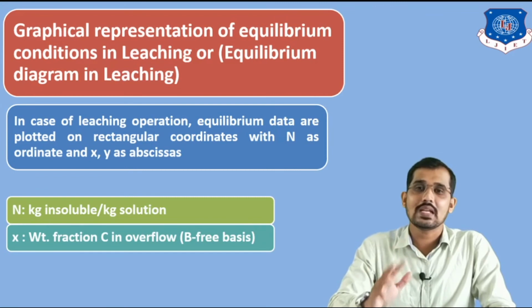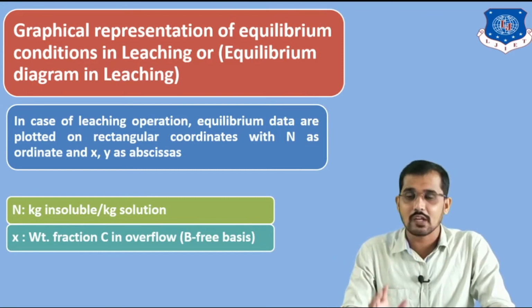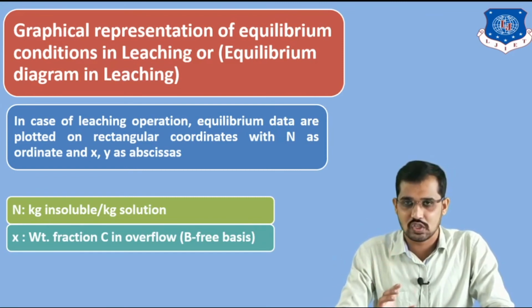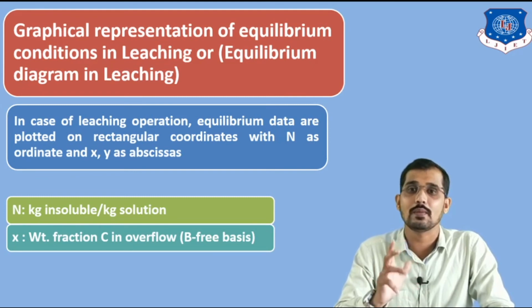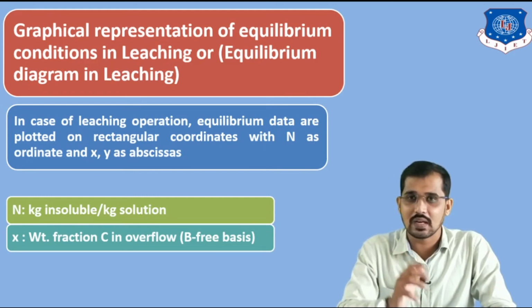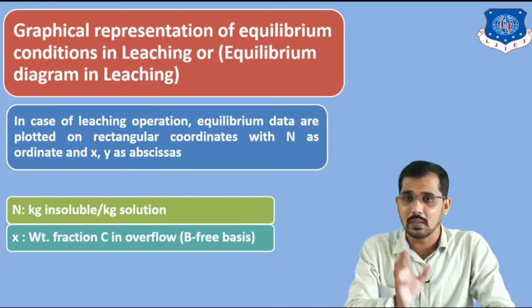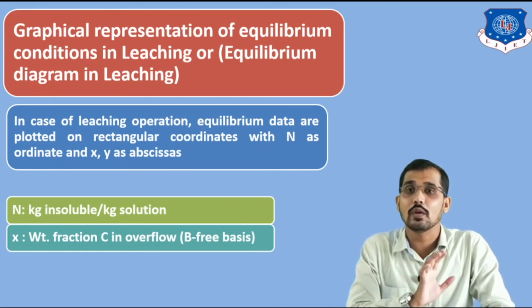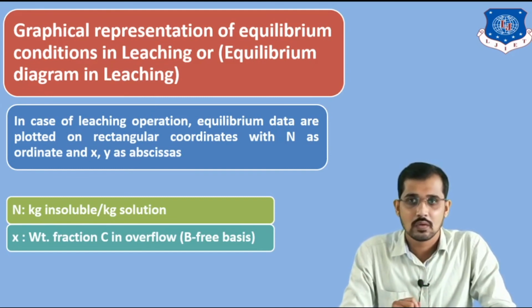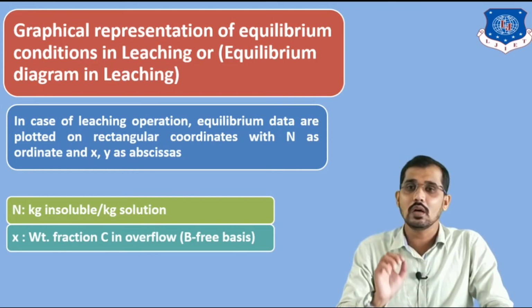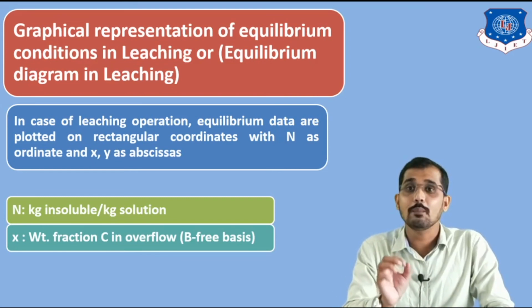I told you in the last lecture on absorption as well that whenever we write these mole fractions, we write them on a free basis. Here we are writing B free basis, meaning whatever the composition of B is, we are not going to consider it in our denominator. So this is the weight fraction of C in the overflow, on B free basis.